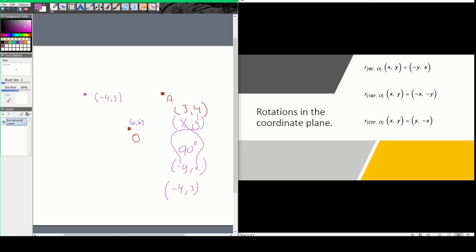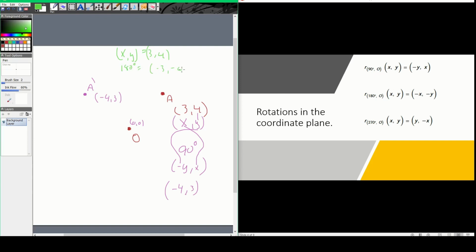Now 180, I keep my X and Y in the same order, but I negate them both. So here again, well, this is A prime. Let's change the color. For A double prime, I go back to my original X and Y. For 180 degrees, I just negate them both.